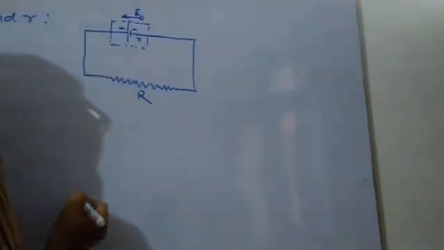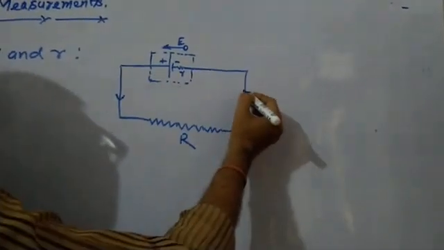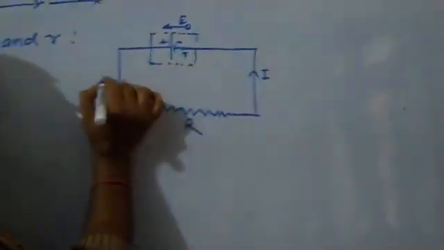Current I flows in the external circuit from the positive terminal of the cell to the negative terminal of the cell.